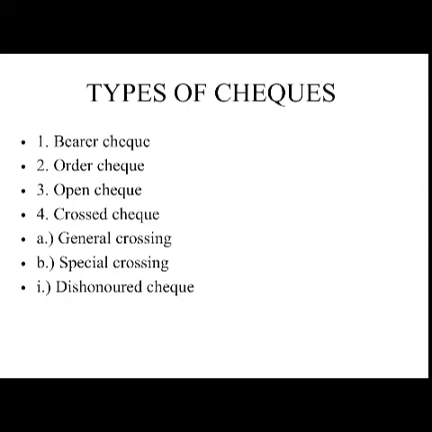Okay, so another example here is the dishonored check. A dishonored check is a check that is refused payment by the bank. One of the reasons why this check is denied is that you may have no money in the account, or you made a mistake when writing your amount in figures and it's different from the amount in words, so that would cause this check to be refused by the bank.